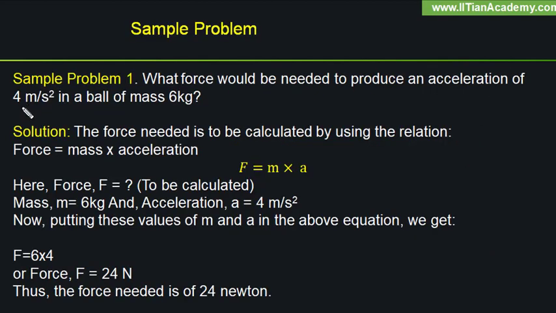Sample problem 1. What force would be needed to produce an acceleration of 4 meter per second square in a ball of mass 6 kilograms? Solution: the force needed is calculated using the relation force equals mass into acceleration.